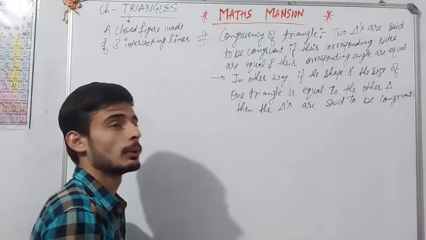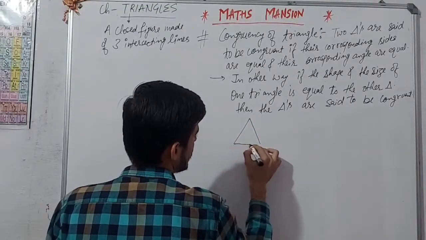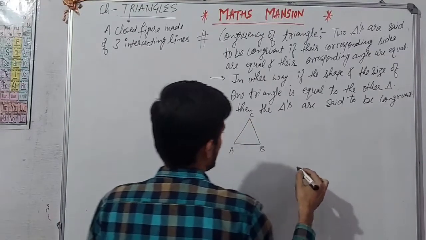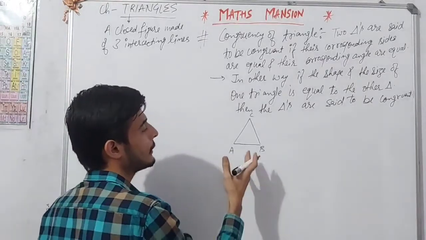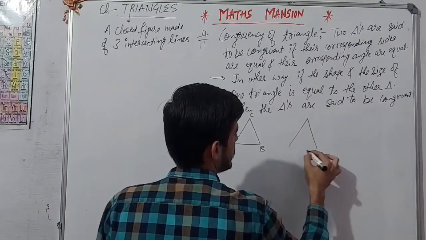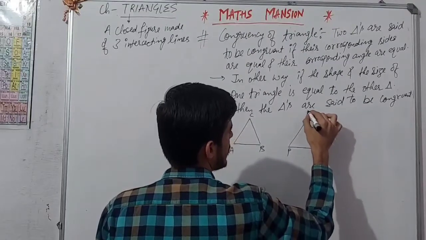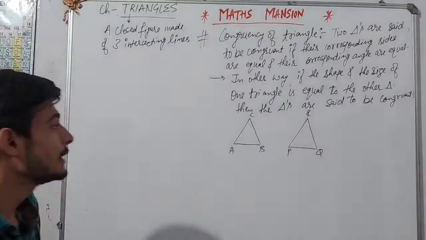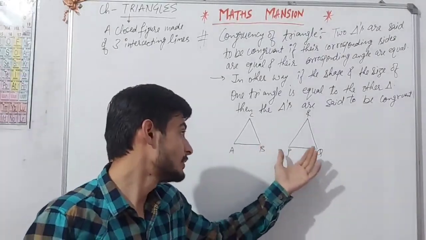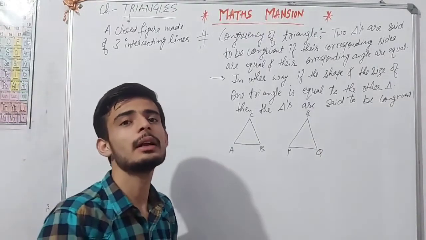So let's try to draw two triangles whose shape and size are equal. First I have drawn a triangle. Name it as A, B, and C. Again, draw a triangle which is equal in shape and size, and name it as P, Q, and R. As we can see that the shape and size of triangle ABC is equal to the shape and size of triangle PQR, we can say that these two triangles are congruent.